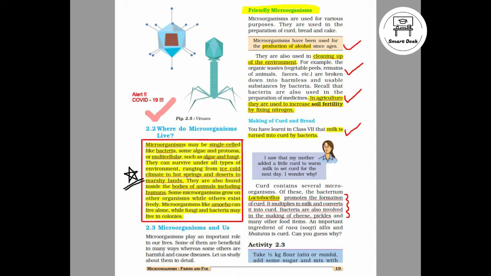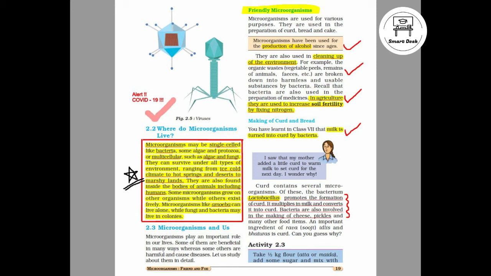Now the next thing is, where do microorganisms live? For that we need to know something about microorganisms. Microorganisms may be of two types. One is single celled like bacteria or protozoa, and the other is multicellular such as algae and fungi.